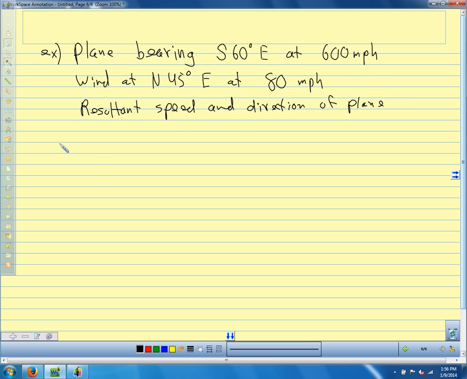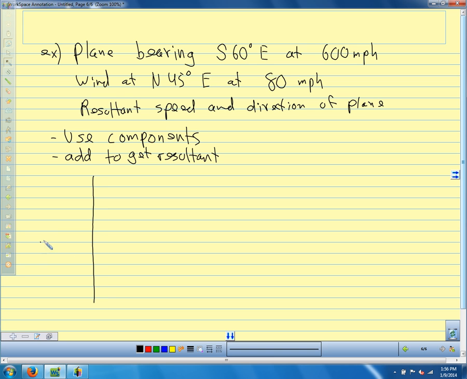We want to break our vectors into components, and then we add the components to get the resultant. So that's one nice thing about vectors, is we can break this apart, break it into pieces, and we work with the separate pieces. So first off, let's draw a picture.